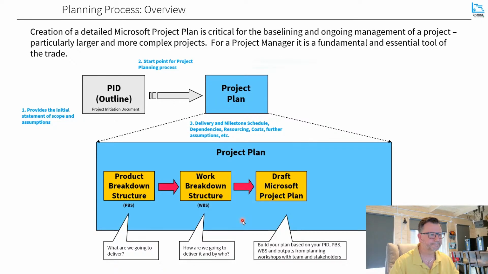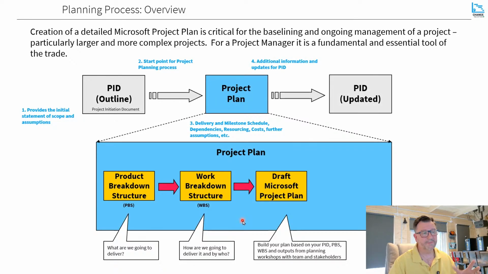Now, once you've got that, you'll update your PID. The best way I've heard a PID being described is to think of it as a filing cabinet. This is where you store all the important elements of how you are going to manage your project. And it is a living and breathing document.